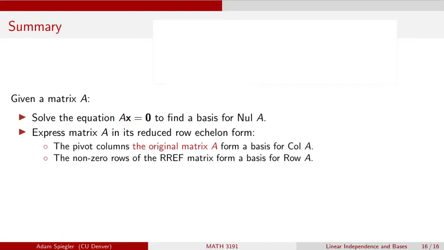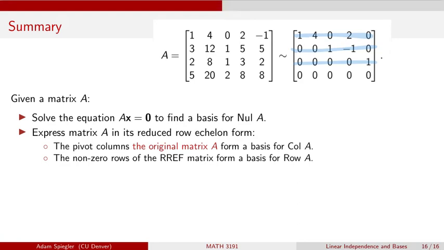For example, if we had this matrix A that we started with, we definitely would want to put it in its reduced row echelon form to understand the solution set of this. And then we were able to generate the solution set and write the basis for the null space of matrix A.